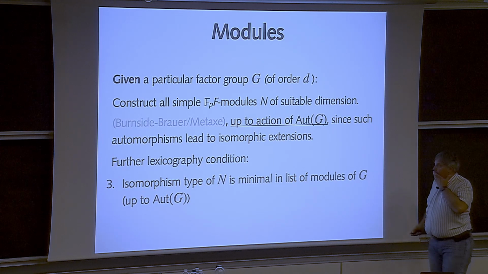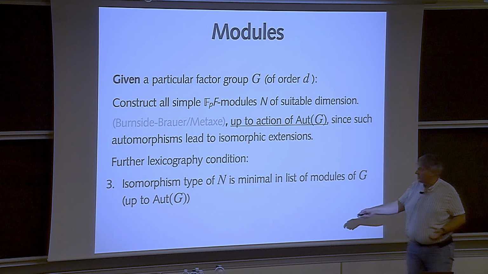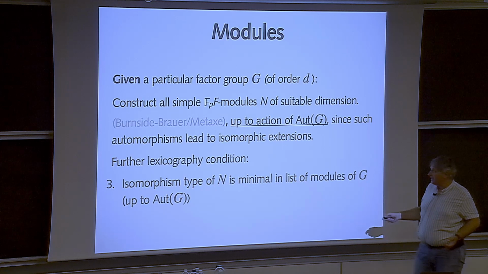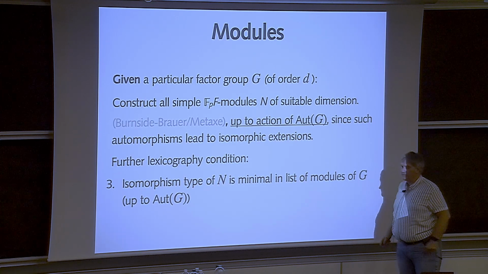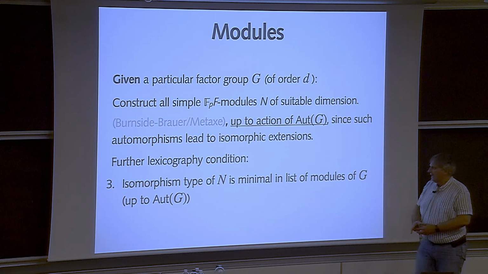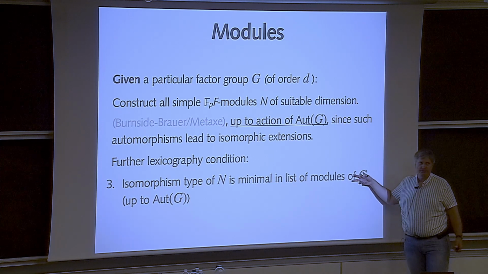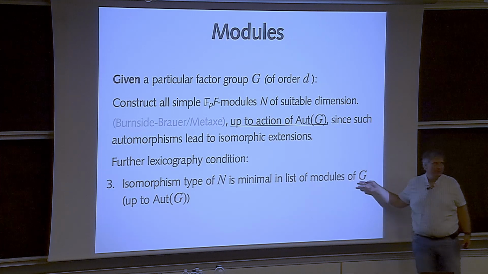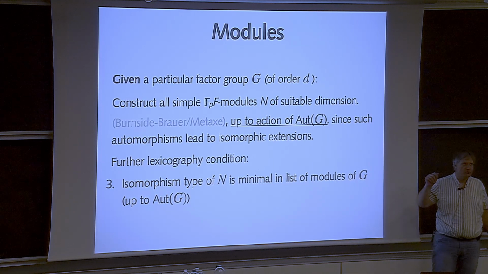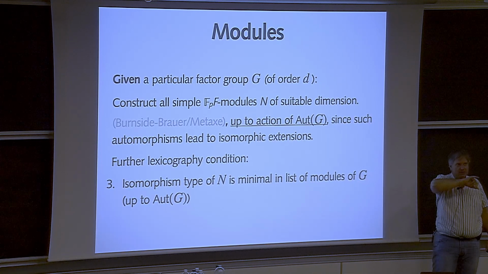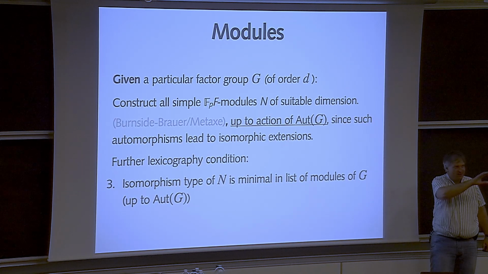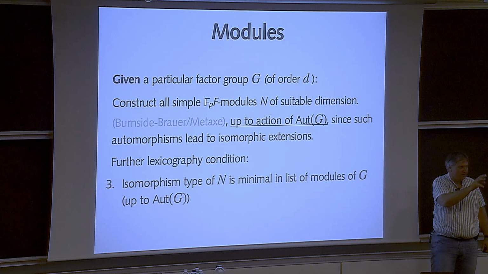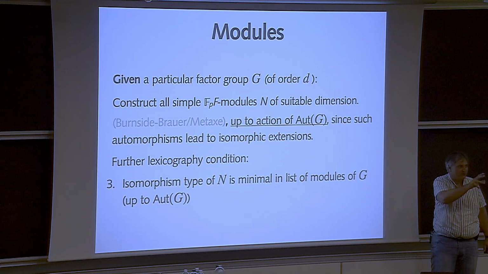Furthermore, I can impose a further lexicographic condition that the isomorphism type of the module would be minimal in a list of modules. In practice, this doesn't matter much for my classification because the vast number of groups are obtained by putting a trivial module underneath. And that's why I also think there will be very, very few super perfect groups.